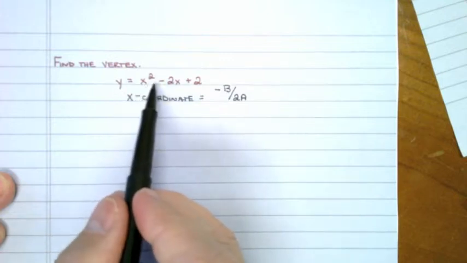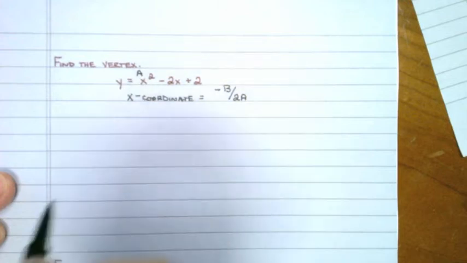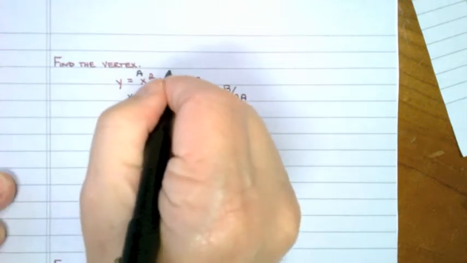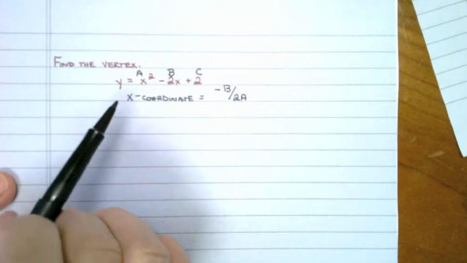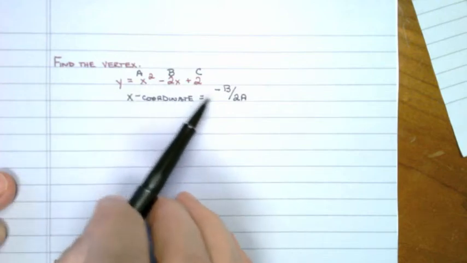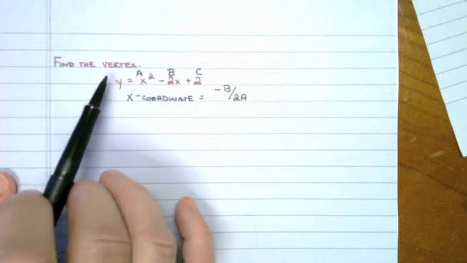That means this needs to be in standard form. This number in front of x squared is going to be your a. The number in front of the x is your b. And this number that's sitting by itself with no variable is going to be your c. You're going to find these numbers in the equation, plug them into this formula, and it's going to tell you what the x-coordinate is for your vertex.